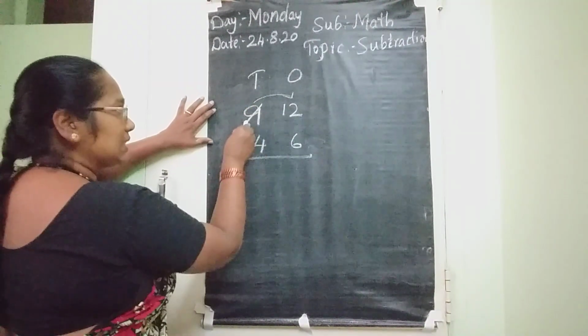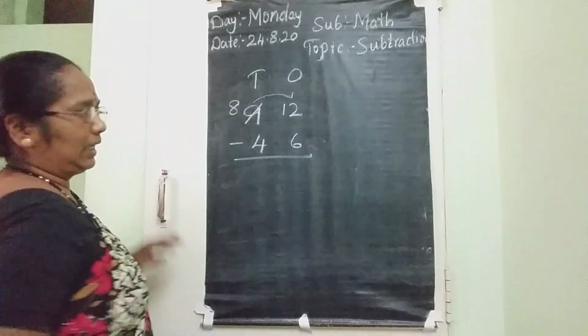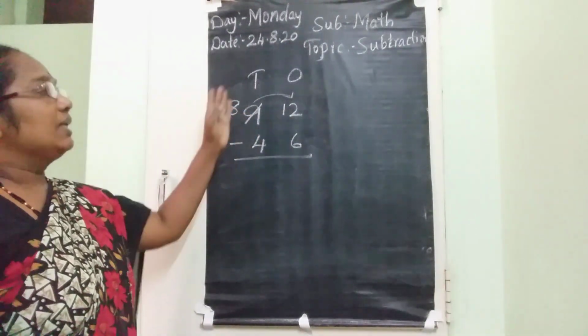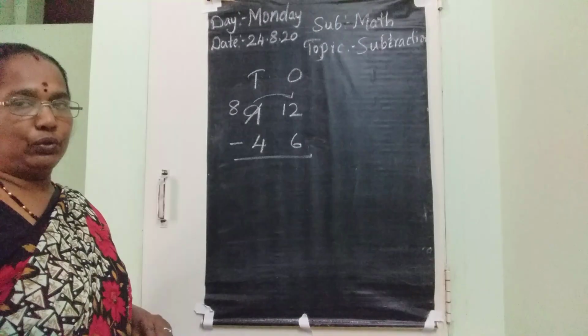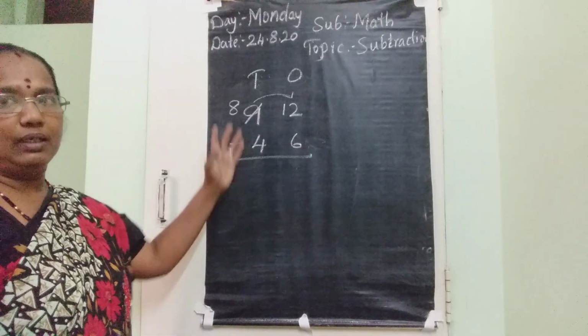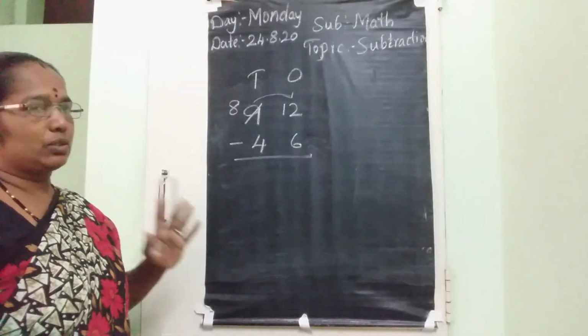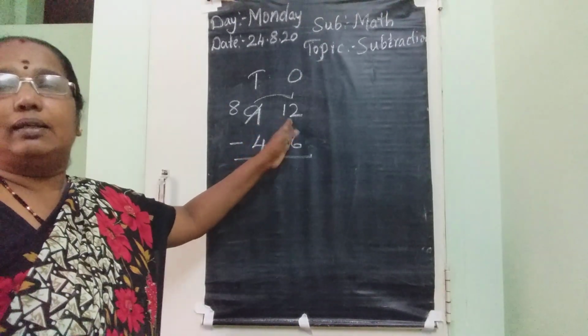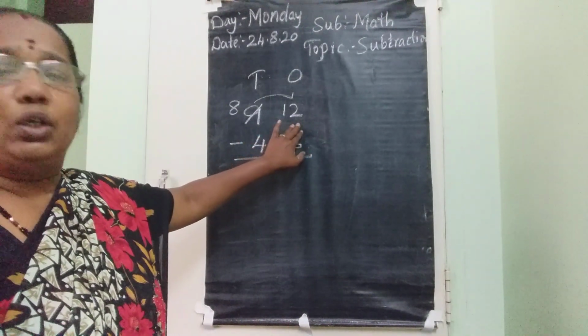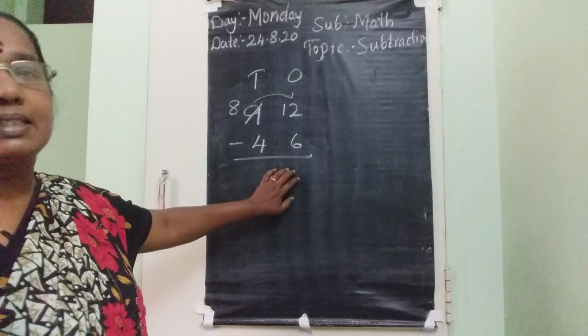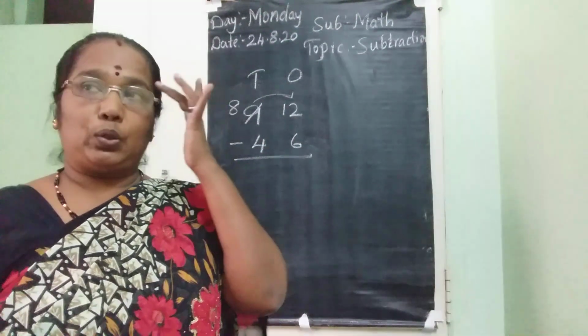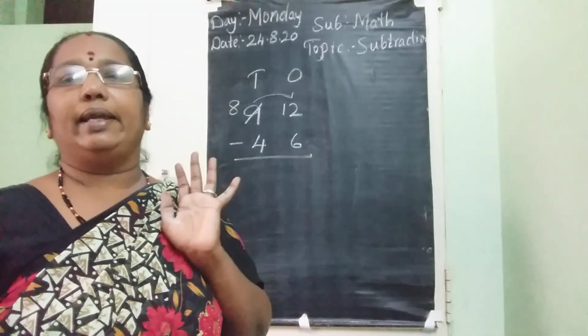How much will it become? This will become 8. Why 8? Because it has given 1 to the ones place. So now this became 12. So, 12 minus 6.